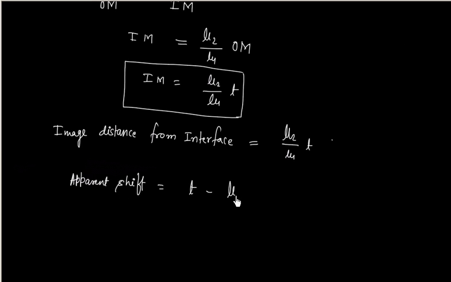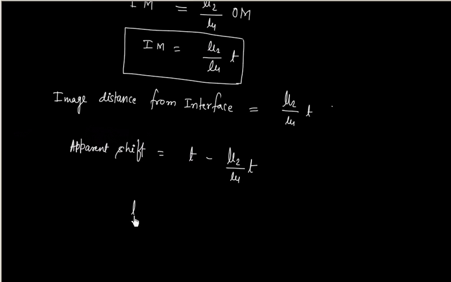Apparent shift is written as t dash equals t times 1 minus mu2 by mu1.